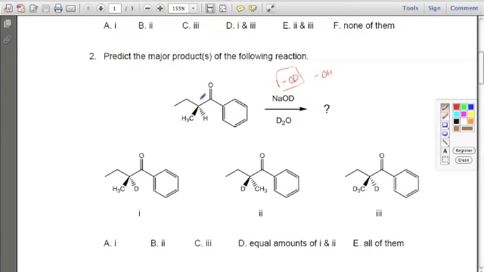We know, as our little cheat, instead of having to draw resonance structures, that the alpha carbon, which is this carbon here, is the carbon next to the carbon of the carbonyl. So right here we have the carbon of the carbonyl, and that carbon right next to it is the alpha carbon. So we know alpha carbon hydrogens are acidic.